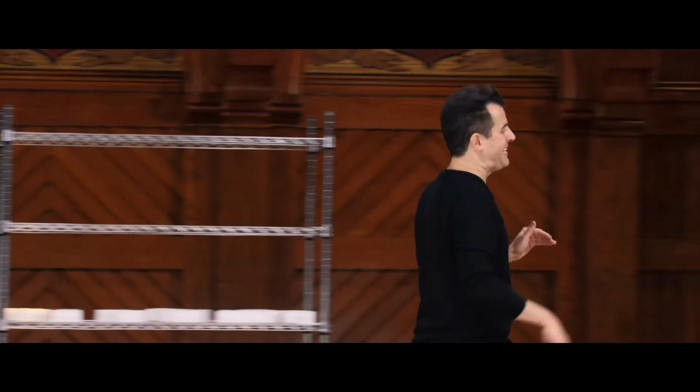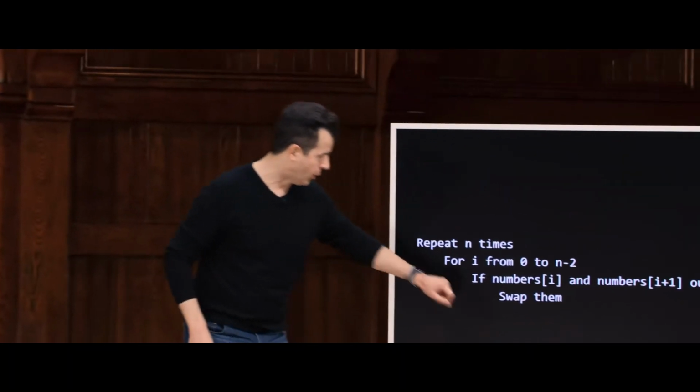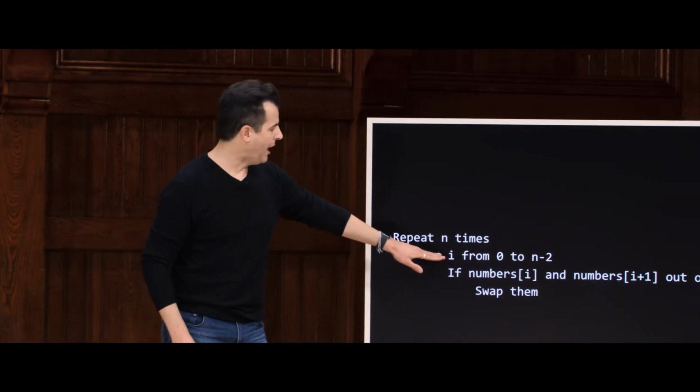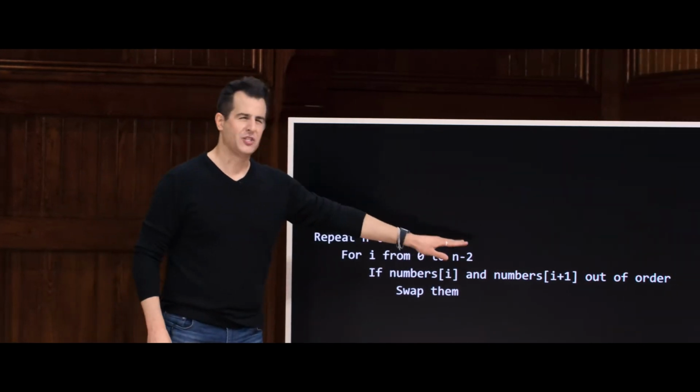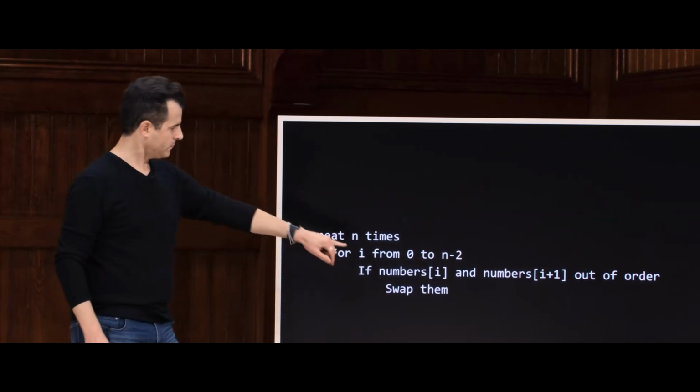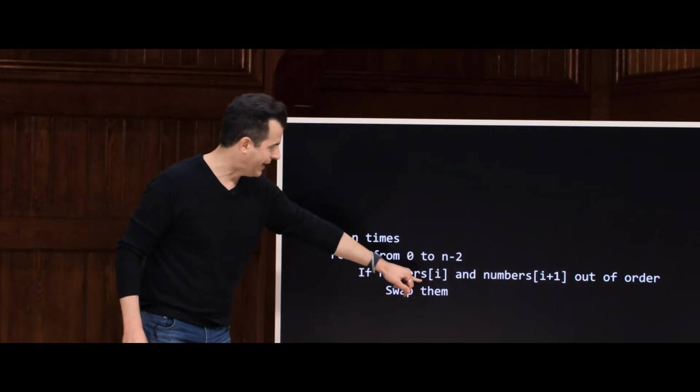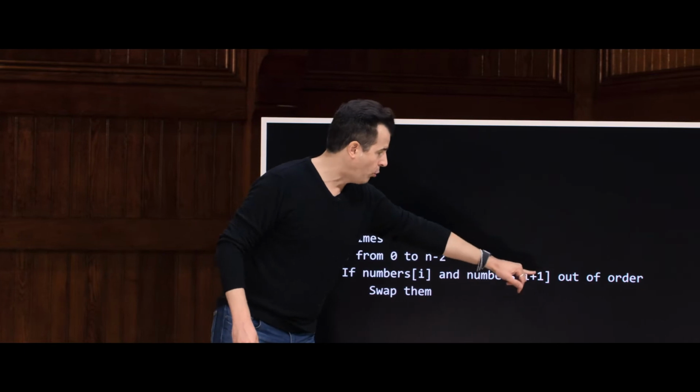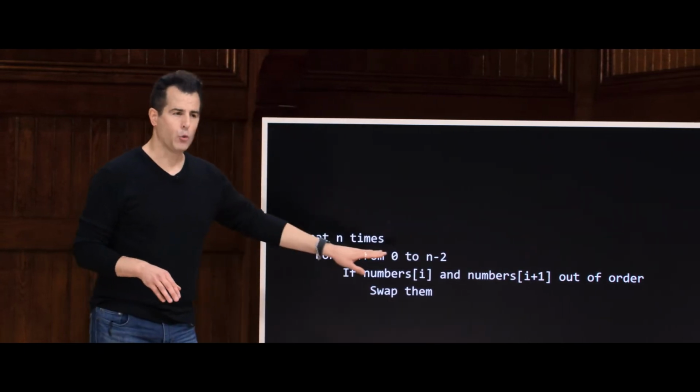With bubble sort, we had this pseudocode, I claim, whereby, let's focus on the inside of the code first. Down here, what was I doing? For i from 0 to n minus 2. That's curious. We've never seen n minus 2 before, but I asked this question. If numbers bracket i and numbers bracket i plus 1 are out of order, swap them.